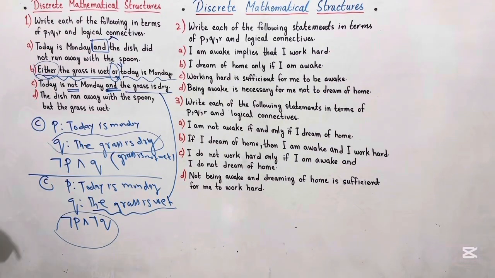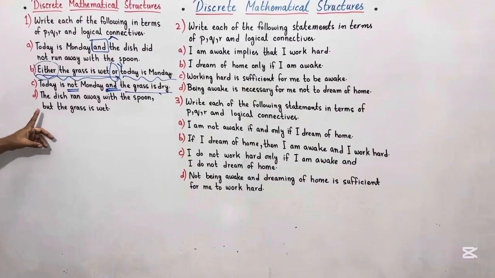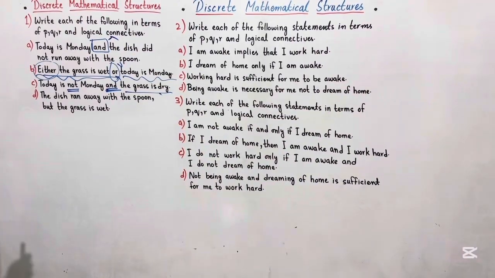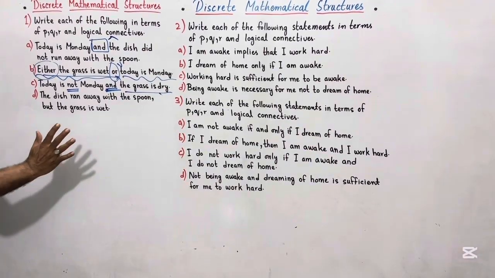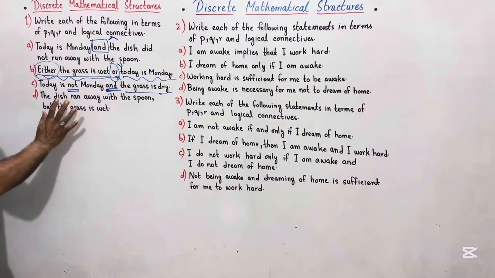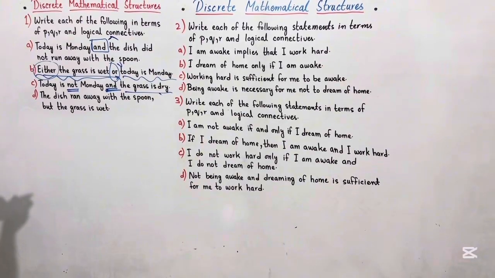Moving towards part D, we have two propositions, read as: the dish ran away with the spoon, but the grass is wet. Now it's up to us how we name them.